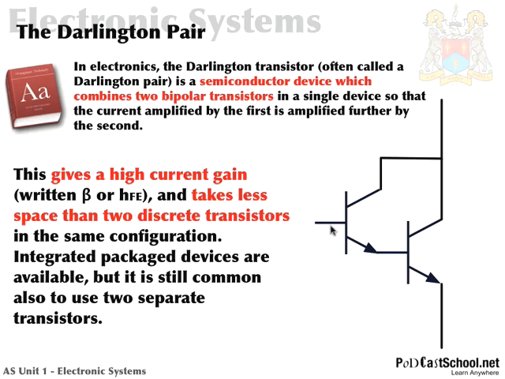So imagine all of this wrapped up in a can that would look a bit like a normal transistor, and you might get confused if you didn't realize it was a Darlington. Or indeed, as I said earlier, you can have them as two separate cans. So imagine two separate transistors, and you just wire them up the way you see there, so the emitter is directly connected to the base of the second.